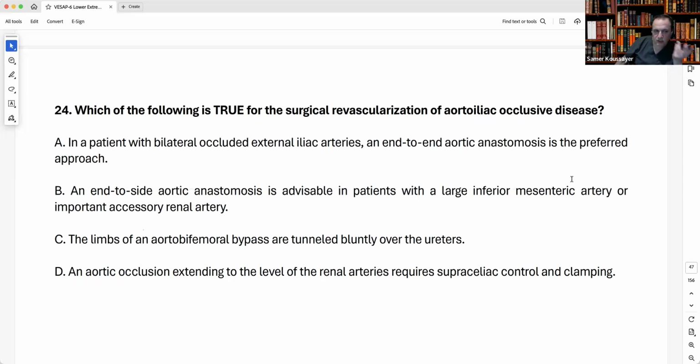What I'm saying is this question came from an era before vascular surgery evolved, because nobody now does aortic bypass for occluded external iliac artery only, right? If the external iliac artery is occluded, you can also do stenting, ballooning, whatever. I can hardly see aortic bypass for occluded external.